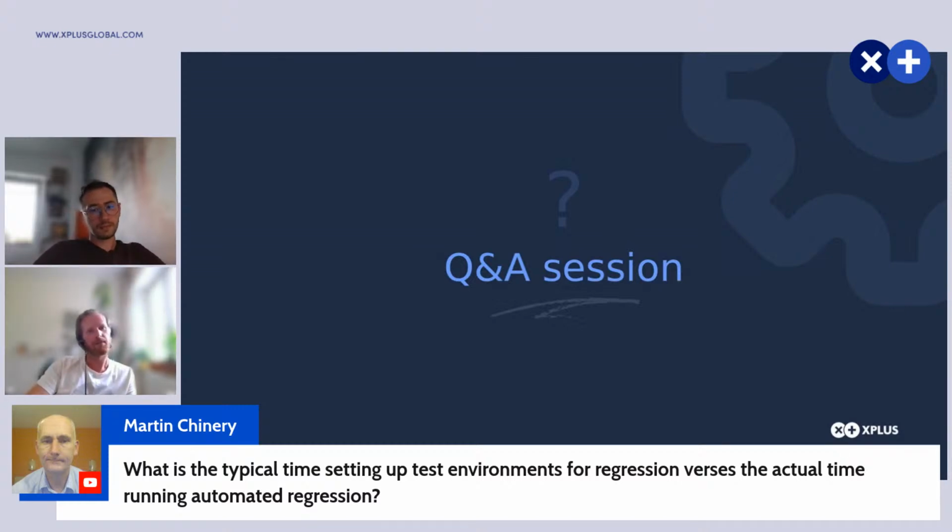Typical time for setting up test environments for regression versus the actual time running automated regression? It depends on how big the process is and how many steps are recorded in the process.